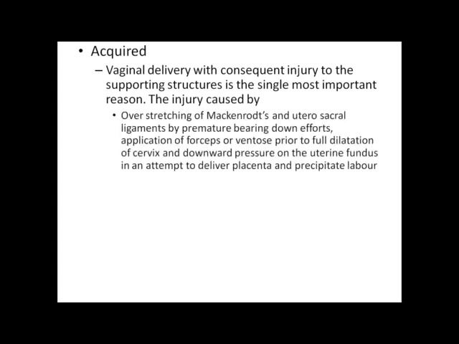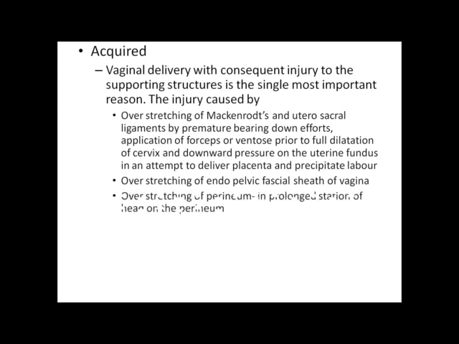Injury caused by overstretching of the Mackenrodt's and uterosacral ligaments by premature bearing down efforts, application of forceps or ventouse prior to the full dilatation of cervix, and downward pressure on the uterine fundus in an attempt to deliver placenta and precipitate labor. Overstretching of endopelvic fascial sheath of vagina.